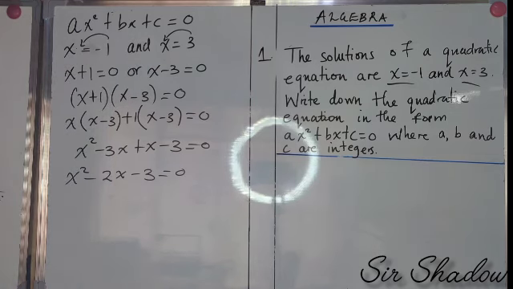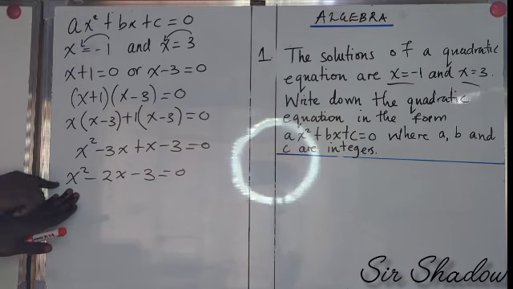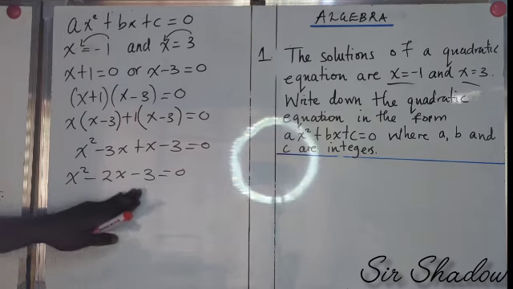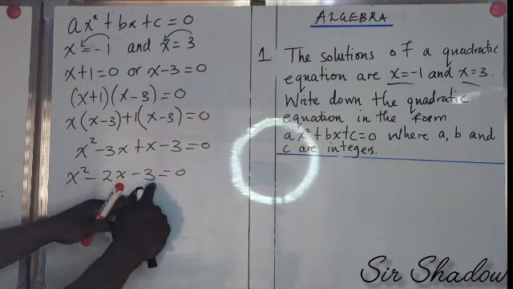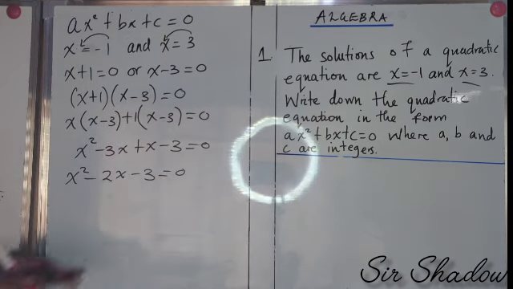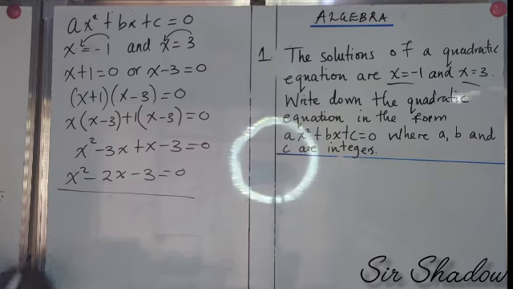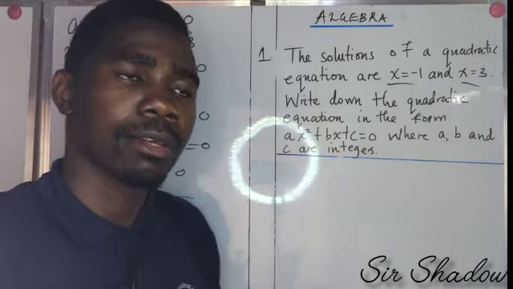I managed to leave the solution in the form we are told to leave. The coefficient of x squared is a = 1, b is negative 2, c is negative 3, equals 0. So basically, that's the solution we are asked to produce.